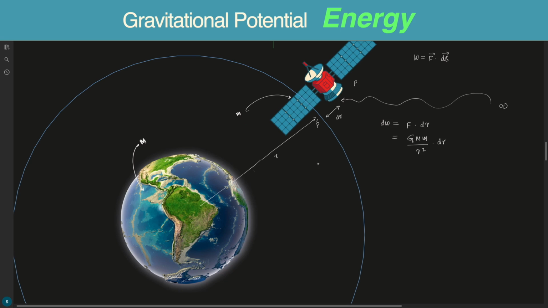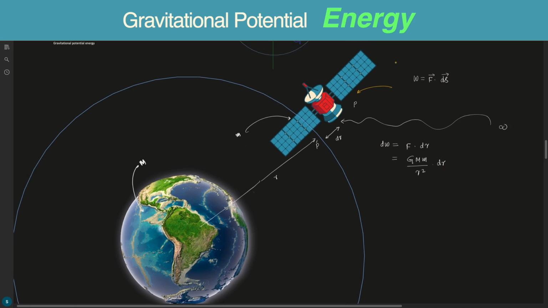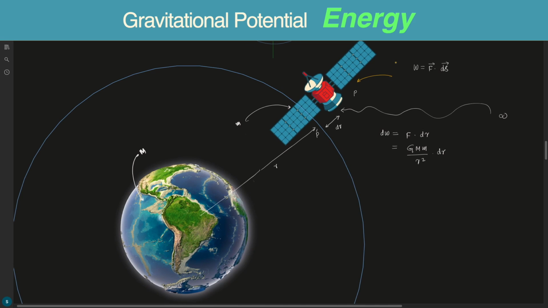Here is the small distance displaced by the external agent, which is pushing the satellite from somewhere.